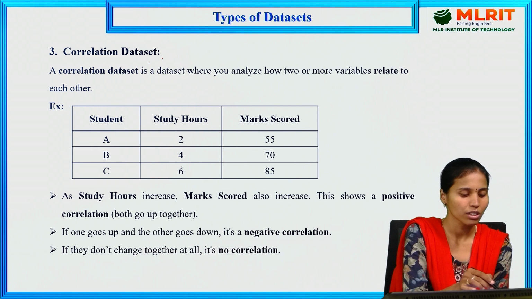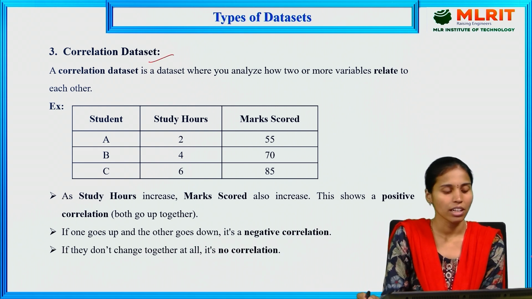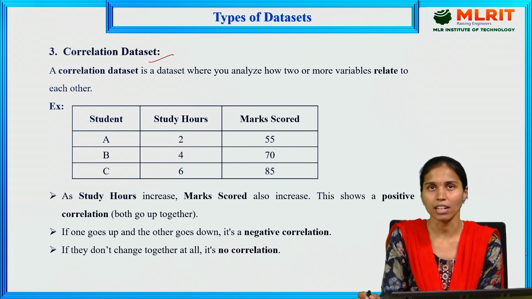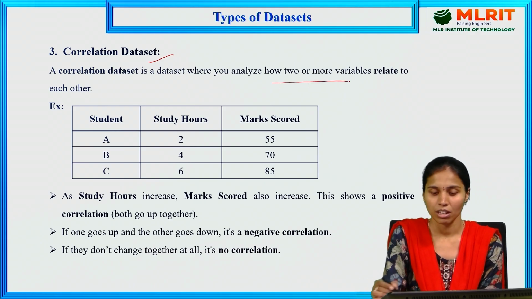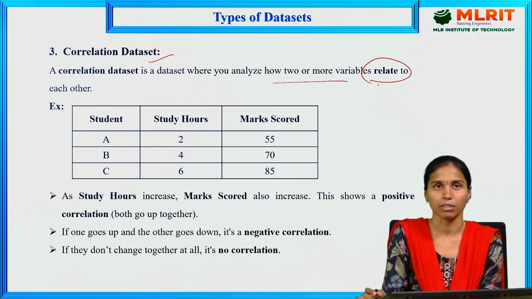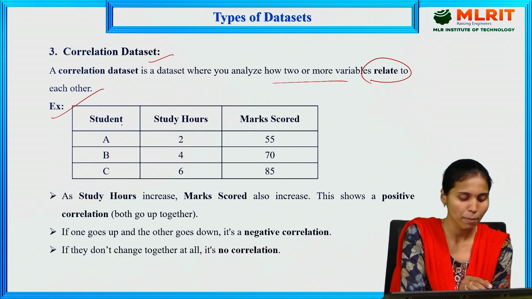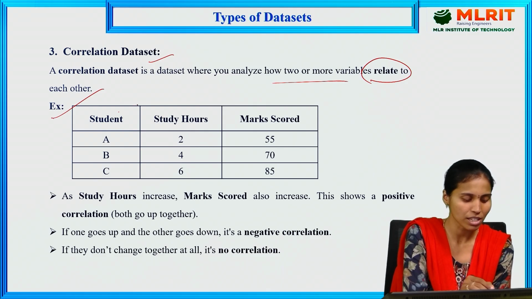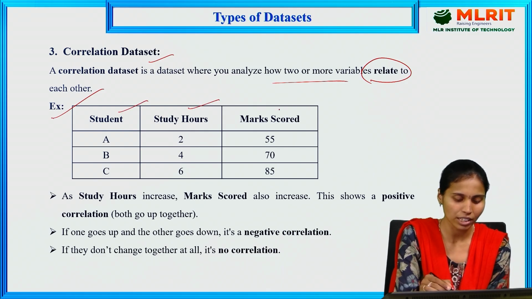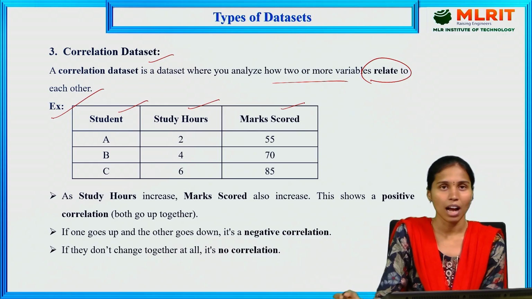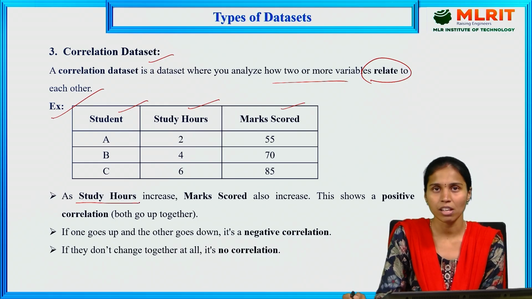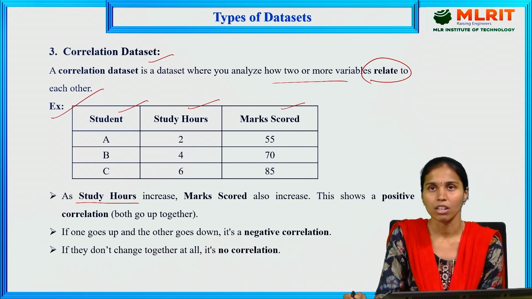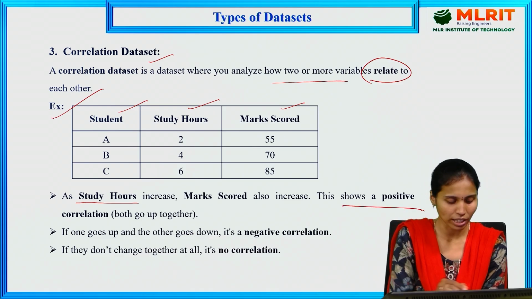Third one is a correlation dataset. A correlation dataset is a dataset where you analyze how 2 or more variables relate to each other. So, for example, in this table, we have 3 columns. First one is student, then study hours and marks scored. As study hours increase, marks scored also increase. This shows a positive correlation.